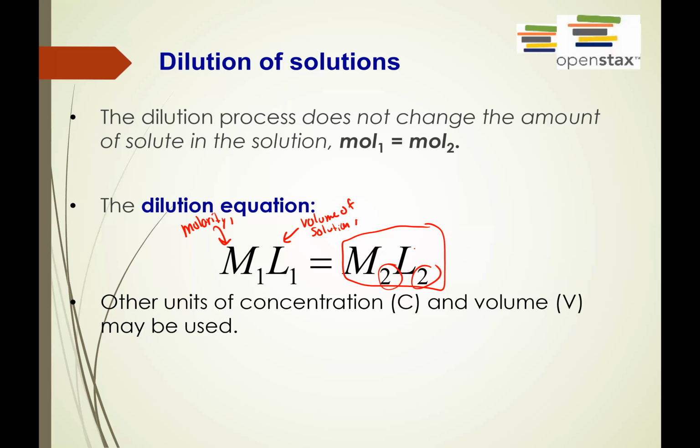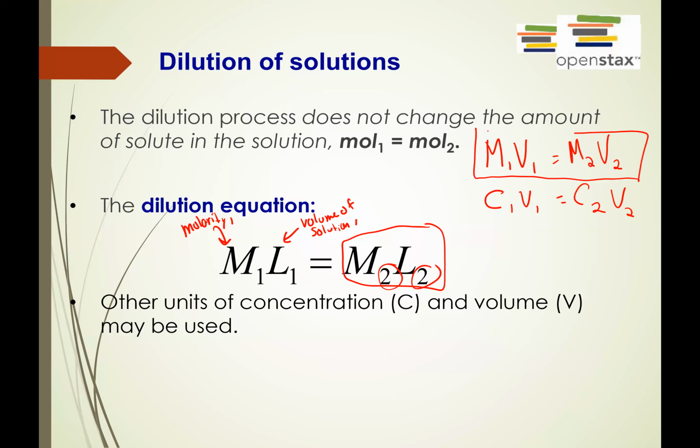You're going to see this as M1 V1 equals M2 V2. You also see this as C1 V1 equals C2 V2. So remember when I told you that molarity and concentration are the same thing? This formula is using molarity. This one is still using molarity, but it's using the word concentration.